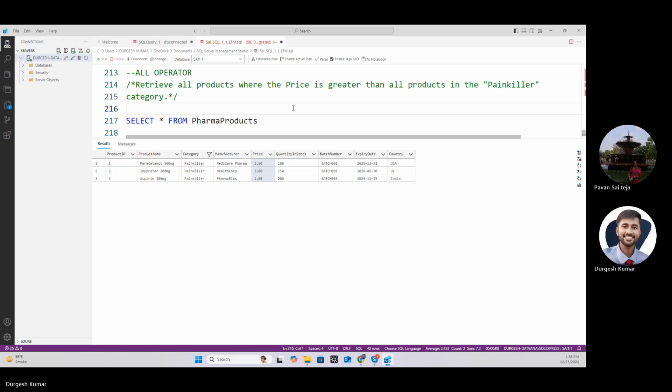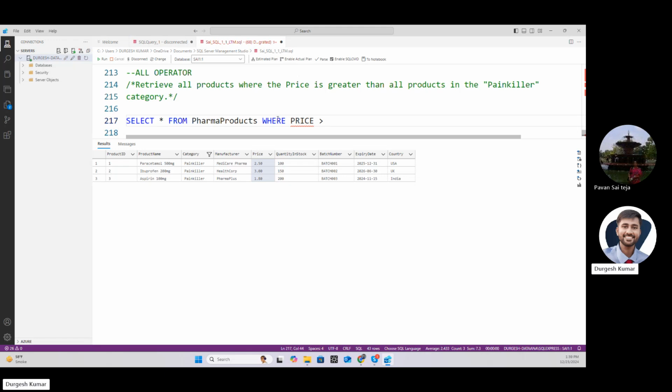Okay, got it. Now, to solve this question, tell me your approach first. Here we can just write price greater than or equal to 2.5, or 3, and 1.8.